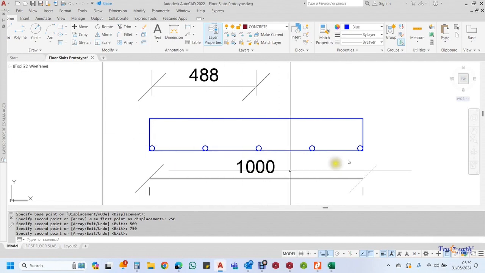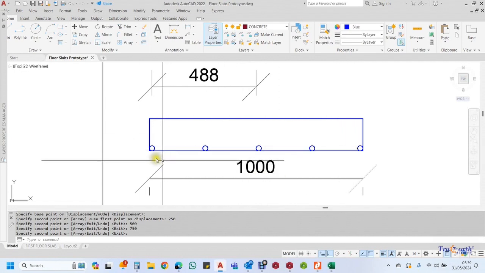Meaning within this meter, within this area, you are not specifying the number of bars anymore. You are not saying, oh, provide 5 Y12. For a group of bars, which is usually specified when you are talking about slab or area or walls, you talk of the spacing.